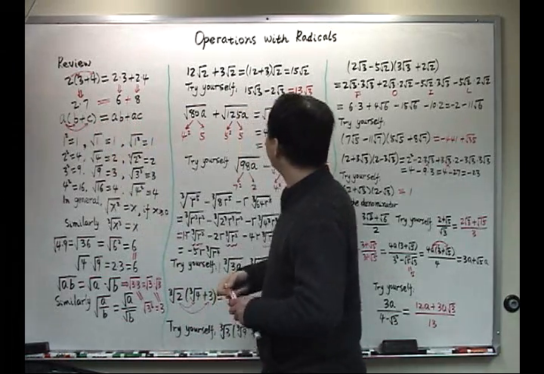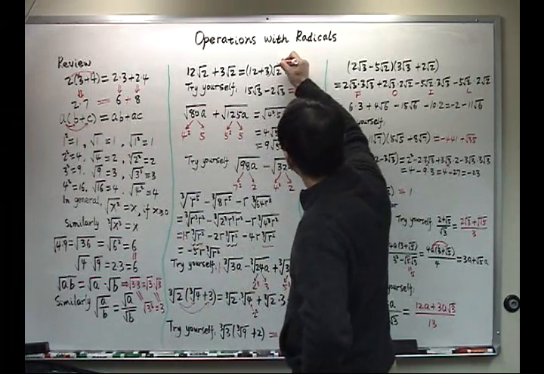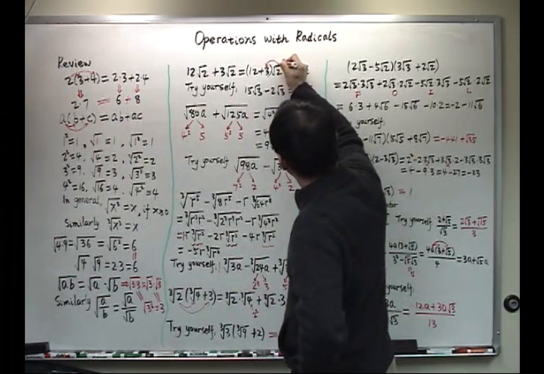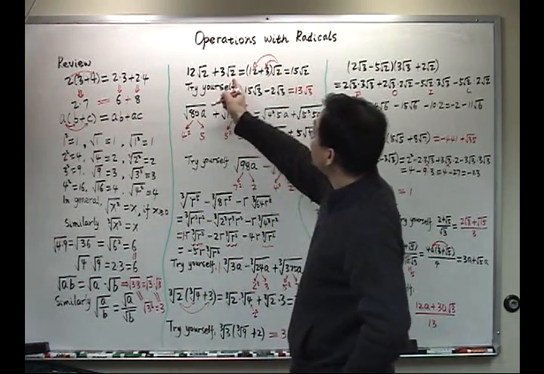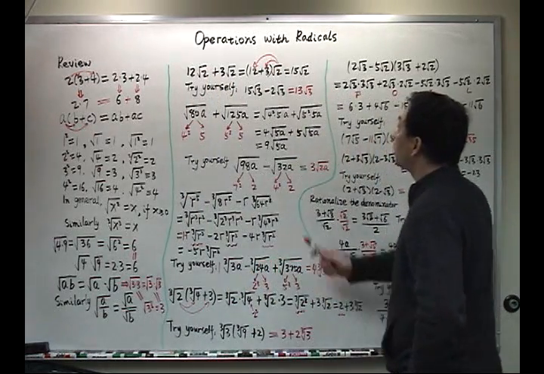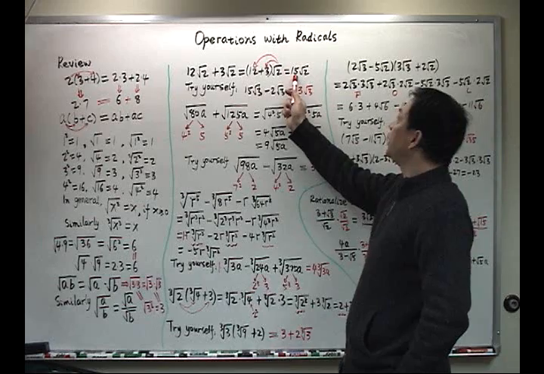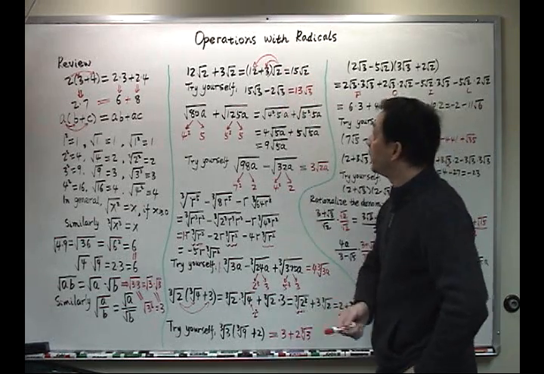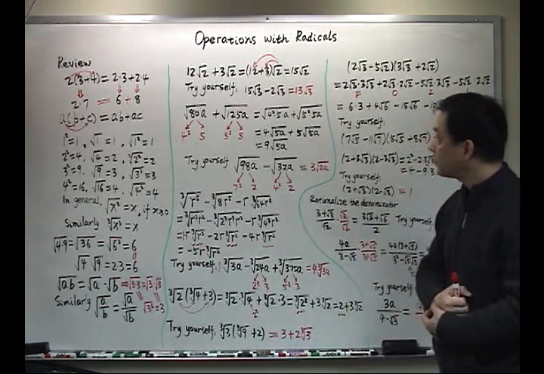Okay? So it looks like you have radical 2 times 3, radical 2 times 12. You see it goes back. Okay? And so 12 plus 3 is 15. You leave radical 2. And that's the final answer.